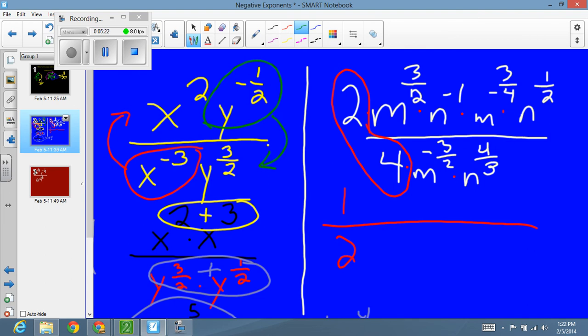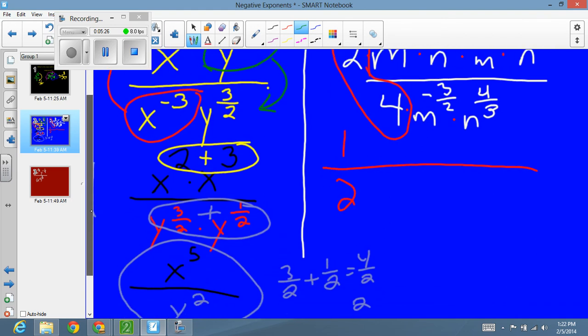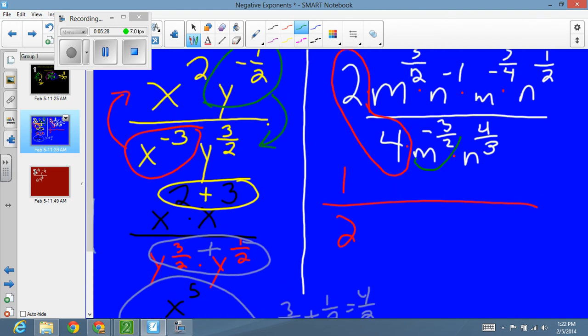Okay? Let's say I'm deciding I'm just going to collect all my m's in the numerator. So I'm going to move this one up there, and I'm going to move all my n's to the denominator. I'm going to move this one down, I'm going to move this one down so that I can multiply them together. Okay?